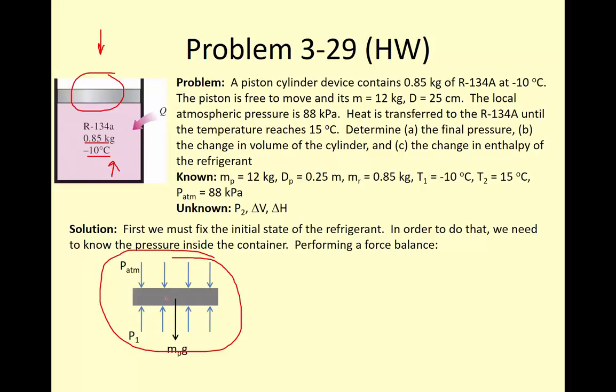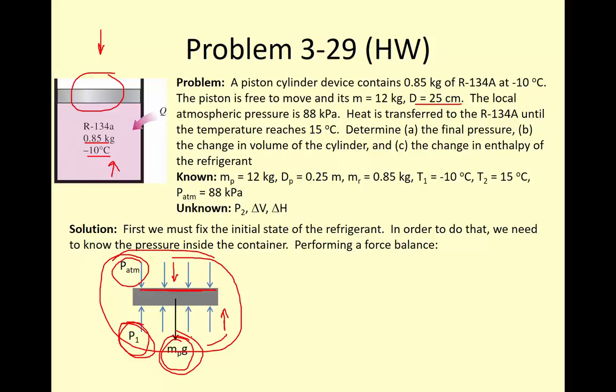Okay, so we know that the pressure inside has to be equal to the pressure outside plus the weight of the piston, or the pressure due to the weight of the piston. Okay, so for force balance, knowing the diameter of the piston and that it's a circular piston because it has a diameter, we could calculate the surface area and figure out, due to this atmospheric pressure, how much force is being exerted, and then add it to this force to figure out the upward force due to the pressure inside.